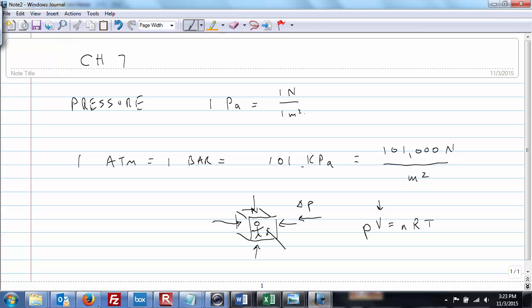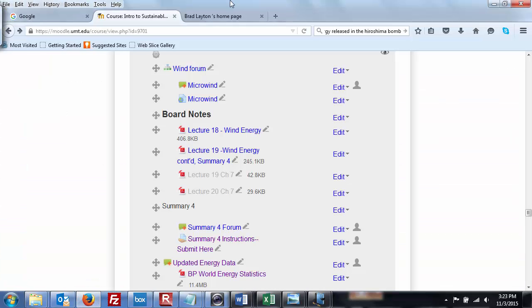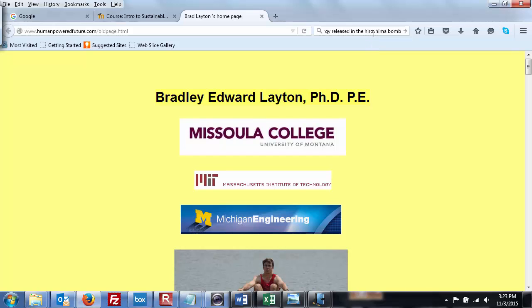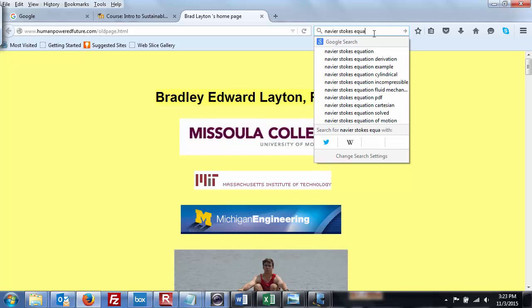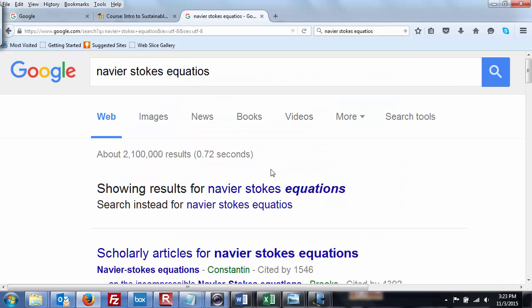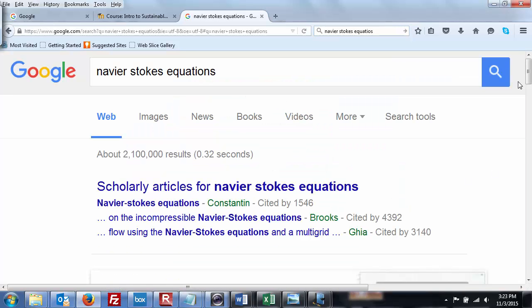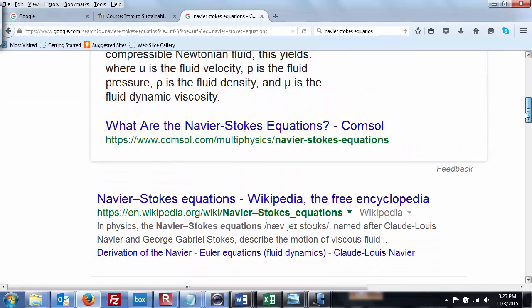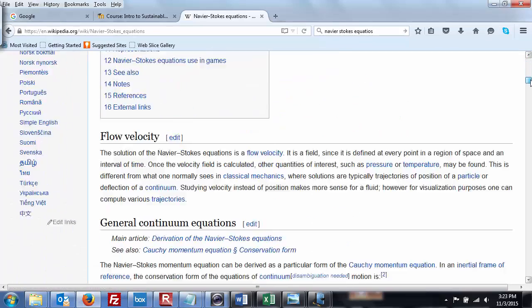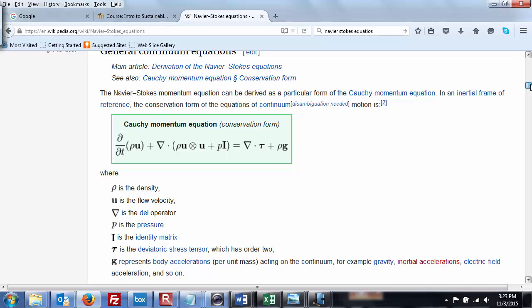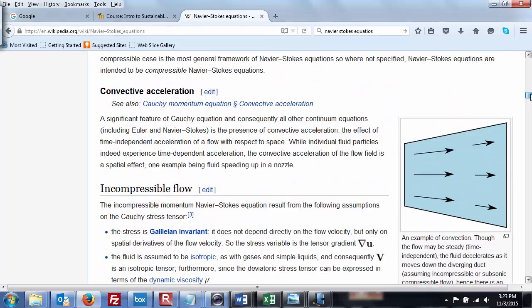I want to show you one more thing. This is not going to be on the exam. Levi, you might have seen this in the past, but if you look at the Navier-Stokes equations, there's something down here. This is a little more intense.